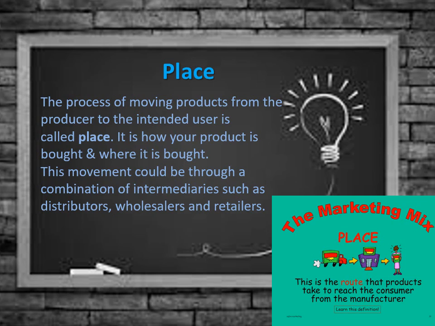There could be certain intermediaries, there could be certain processes, and there could be certain channels. So distribution of the product plays an imperative role in determining the success for achieving sales.